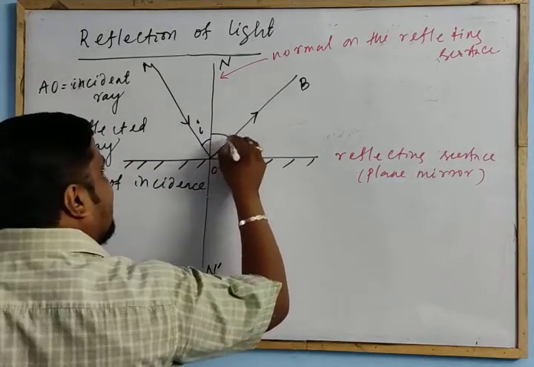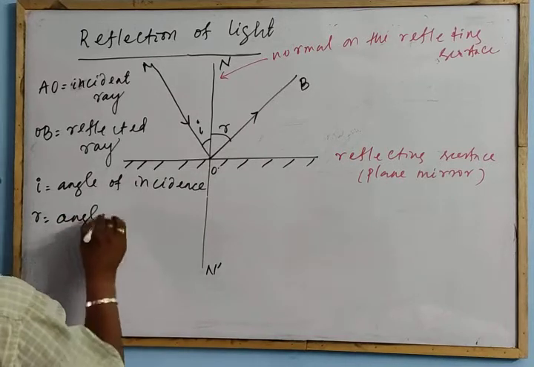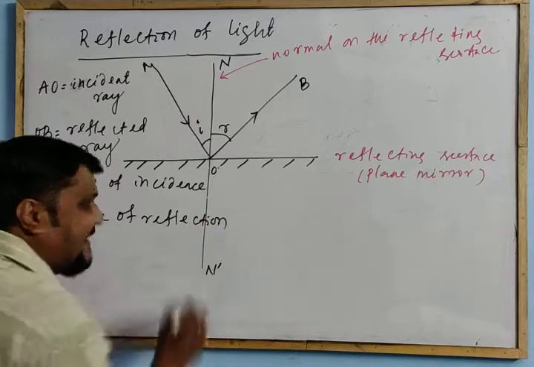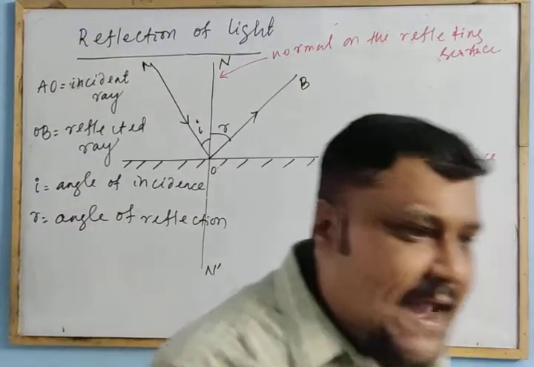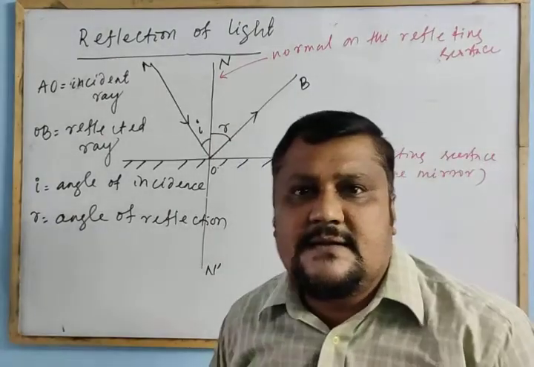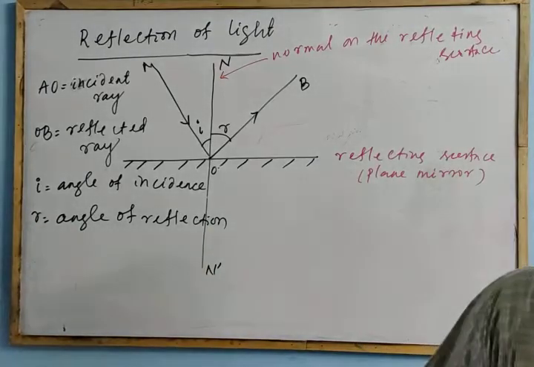Similarly, this angle R is called the angle of reflection, because it is reflection. The angle between the reflected ray and the normal to the reflecting surface is called your angle of reflection.